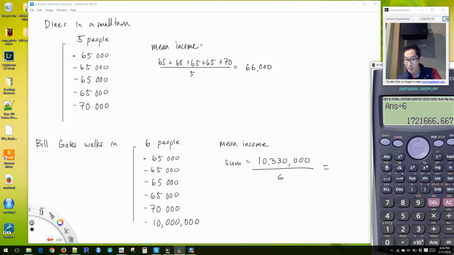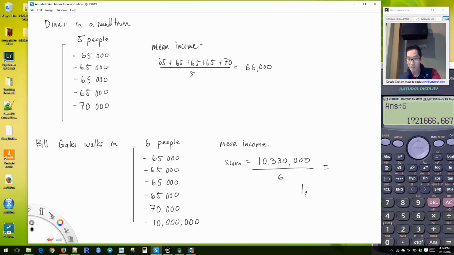And we get the average, the mean income is 1,721,666 dollars and 67 cents. Okay, so this is now the mean income of wages in the diner. All right. Would you say this is an accurate representation of center?